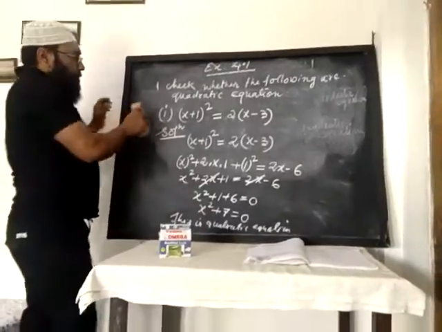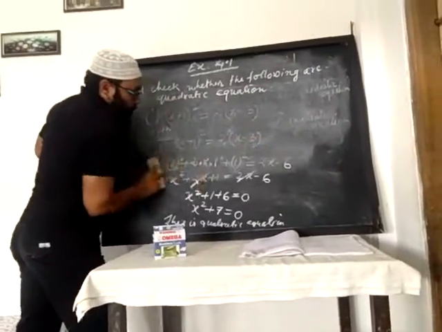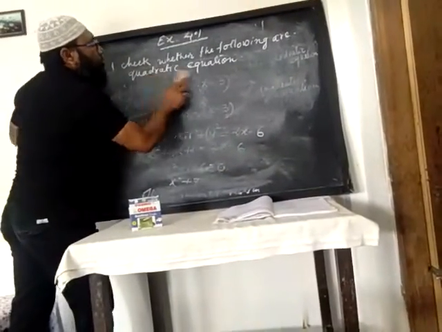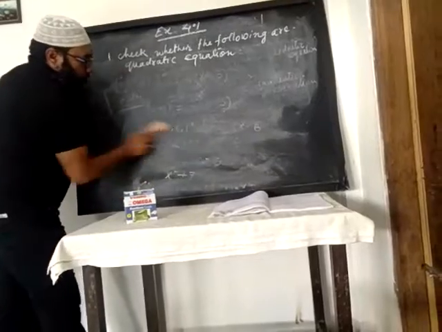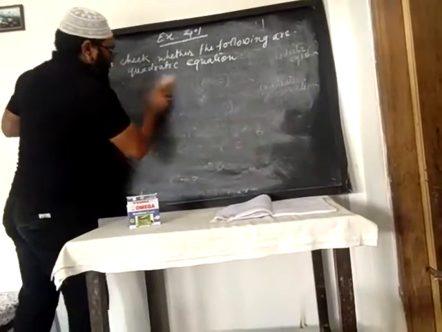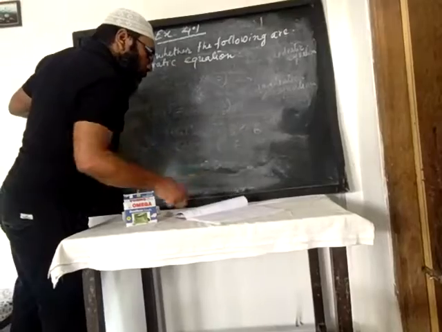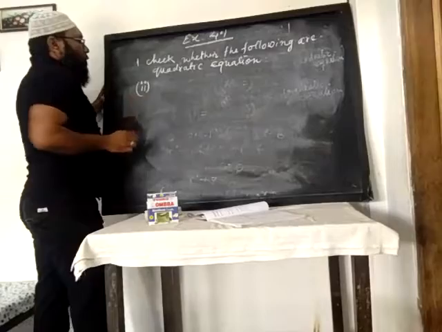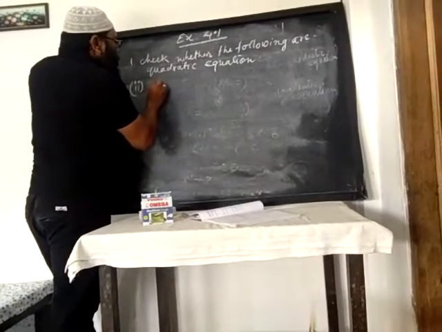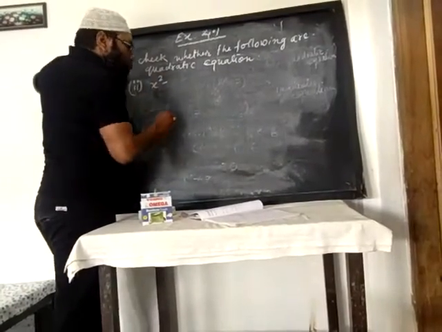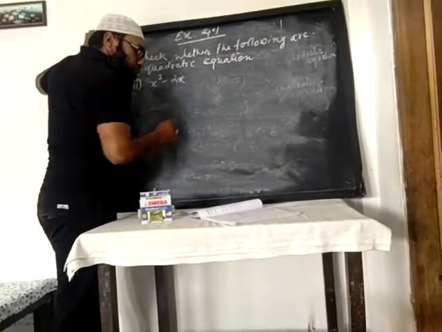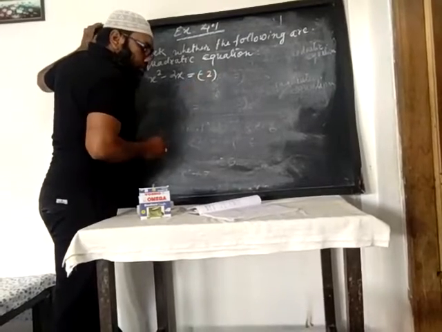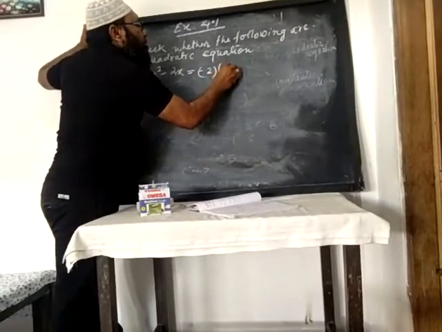Next, number 2. x squared minus 2x equals minus 2, 3 minus x.